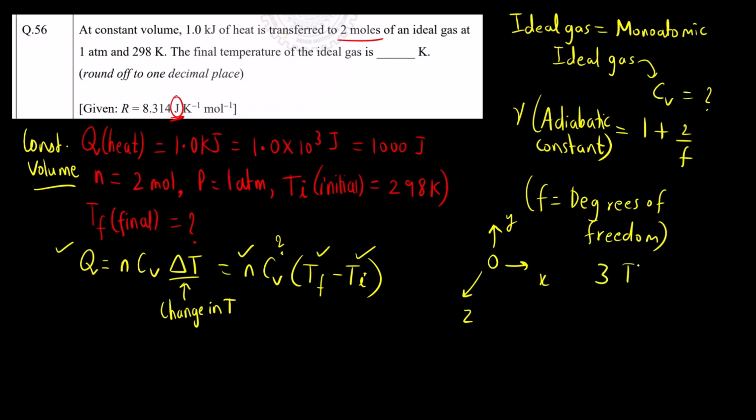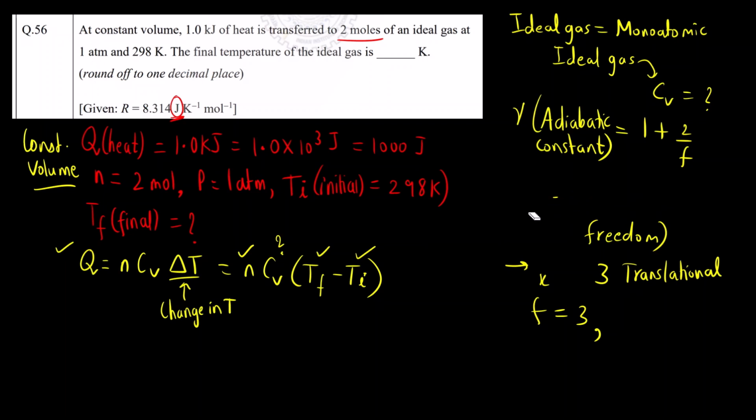That is, there are three translational degrees of freedom. So F is 3. Vibrational is 0 and rotational is also 0. So the total degree of freedom is 3.